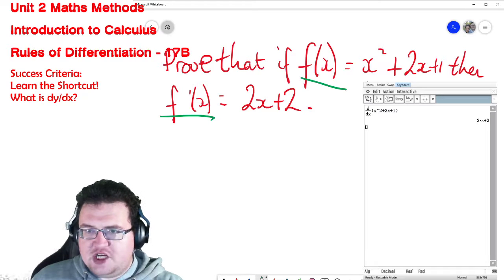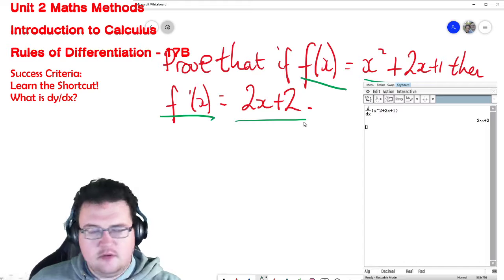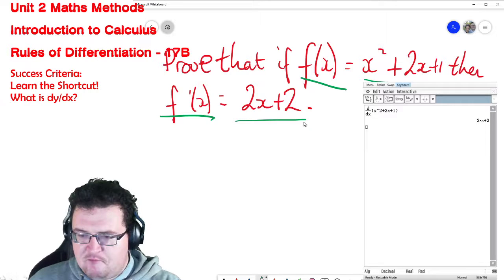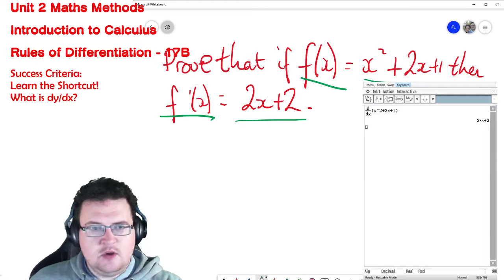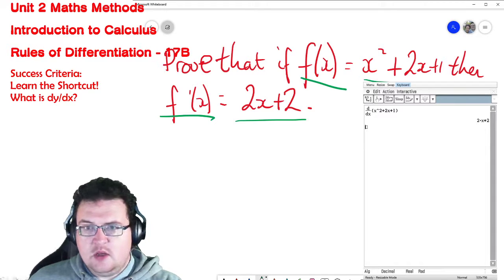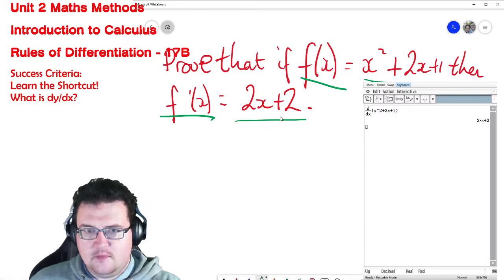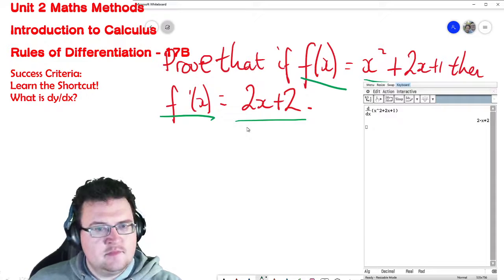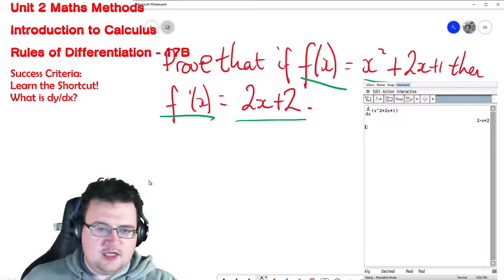What sort of equation is that? It's a quadratic. And what is its derivative equation? It's a linear. All right.